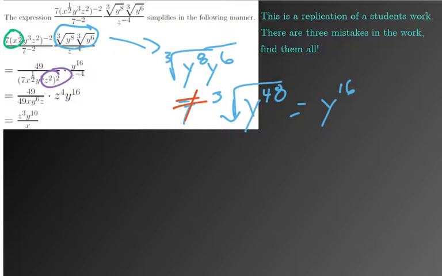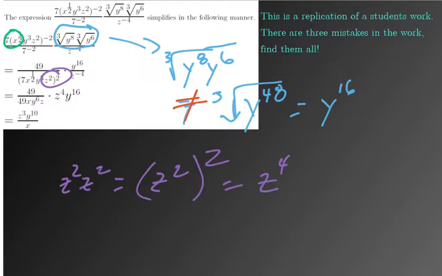And then the last one is right here. So z squared in there, if you do z squared and the whole thing was squared, then you multiply here. This is where you multiply. So you get z to the 4th, 2 times 2. All it is just z squared times z squared. And we just talked about up here, you add.